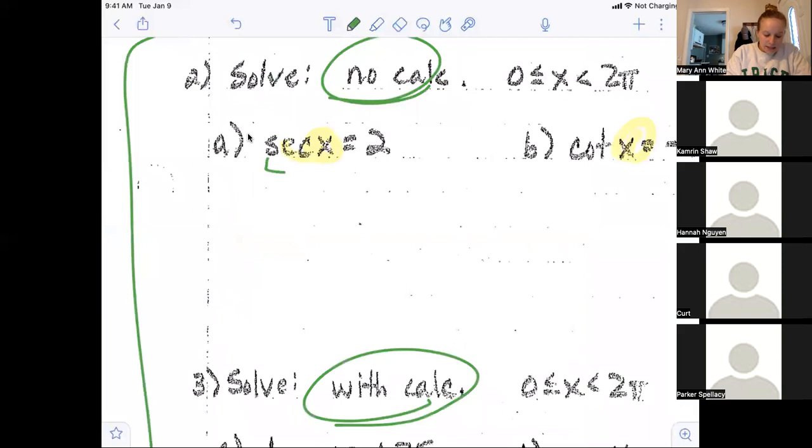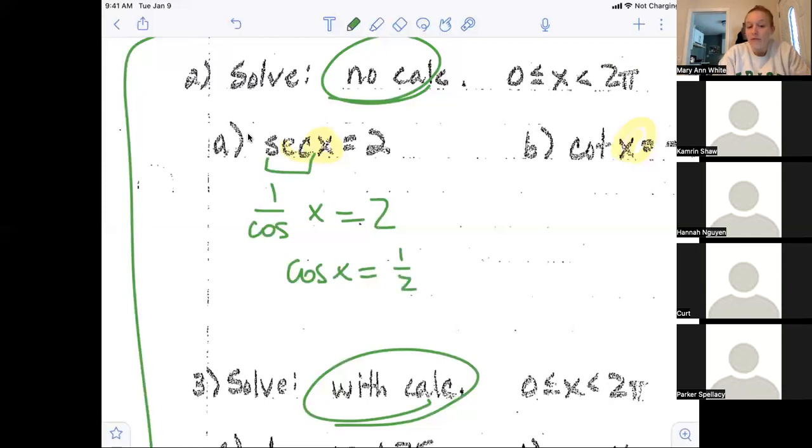So I got secant. Secant we know, and we just reviewed, is 1 over cos. And so 1 over cos, I can think of that as being 2. If I think of that as a reciprocal, my cosine would be the reciprocal of 2, which is just 1/2. So I'm looking for where my cosine is 1/2.